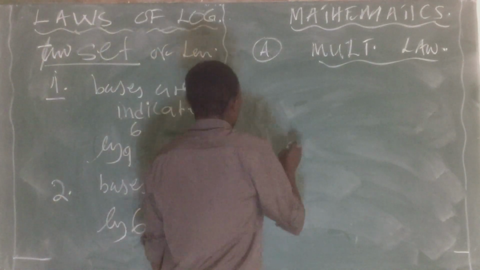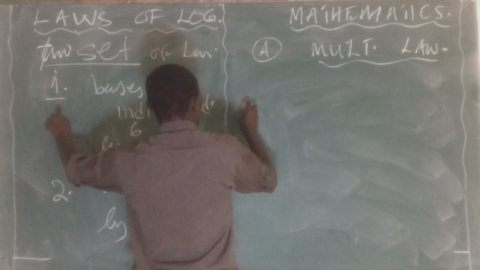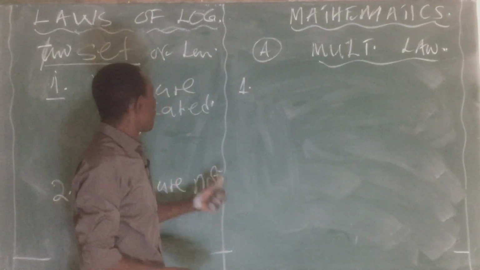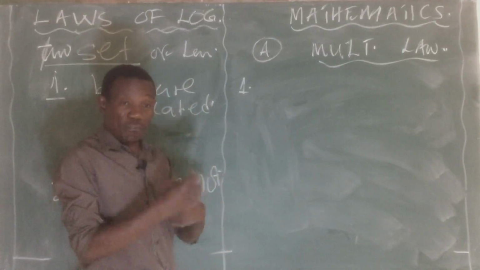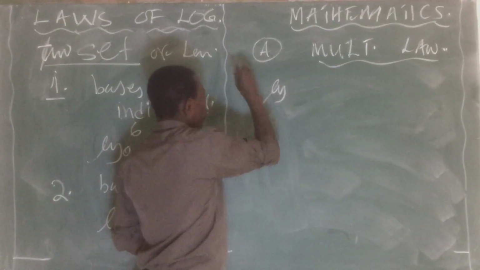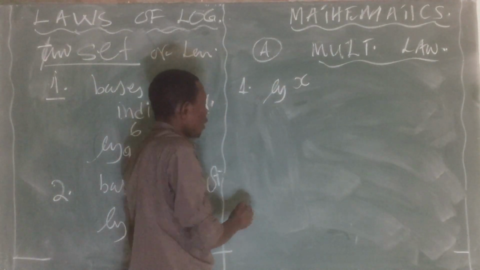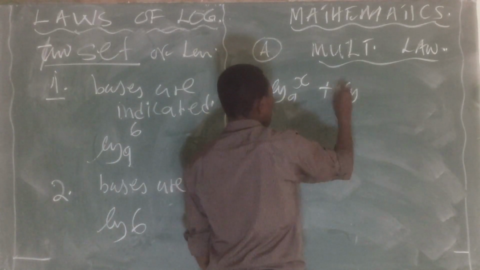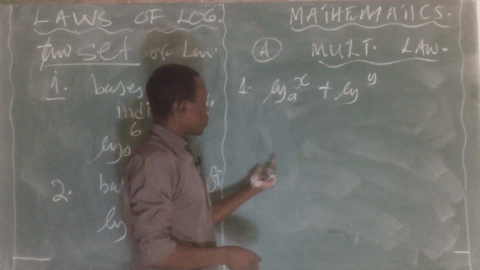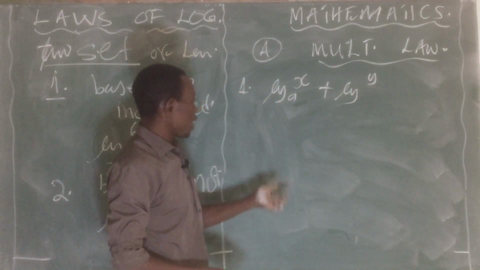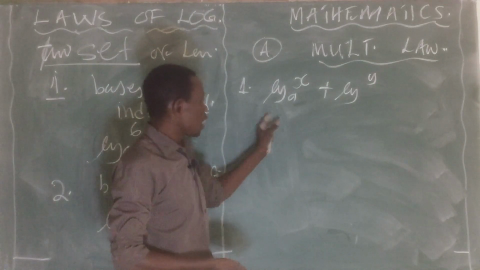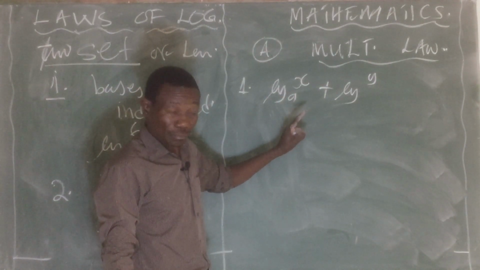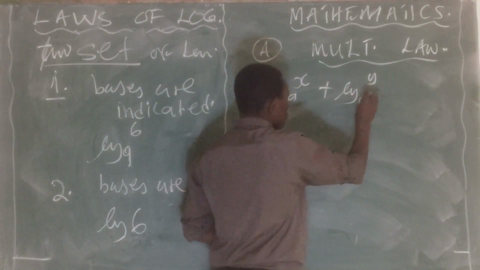So for example, in the first set, where I have bases indicated, I may have the logarithm of a number x to base a added to the logarithm of a number y. Y can represent any number as a variable, and x also. Here we talk of addition, the terms are adding, but the base is also a.